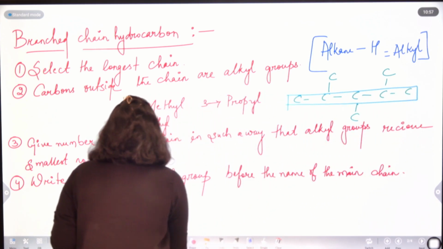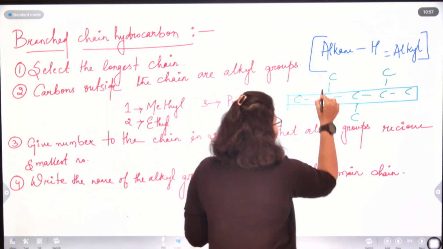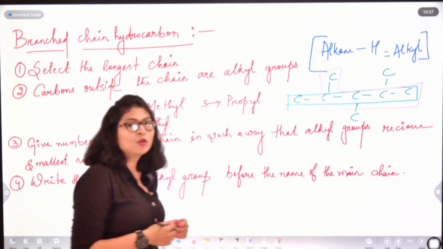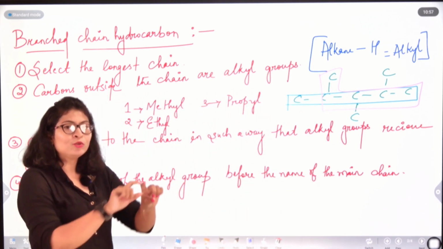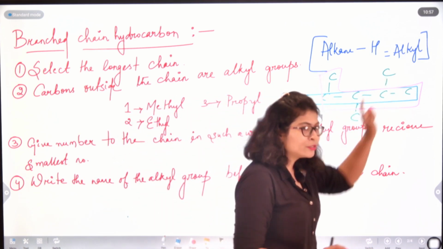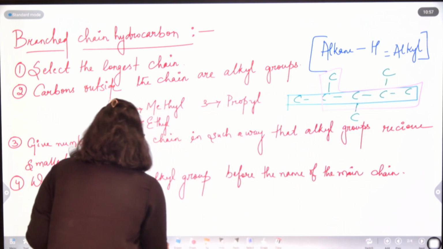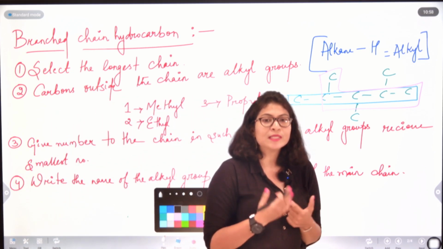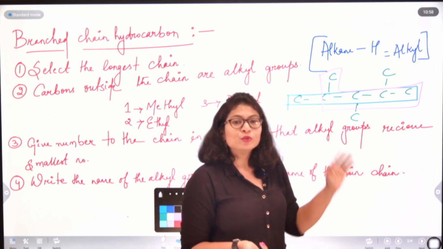Or I can write the chain like this also, because I have the flexibility to turn and twist the carbon chain. I can take this as my longest chain. We will have to see which is the longest, but we have the flexibility to choose anything.